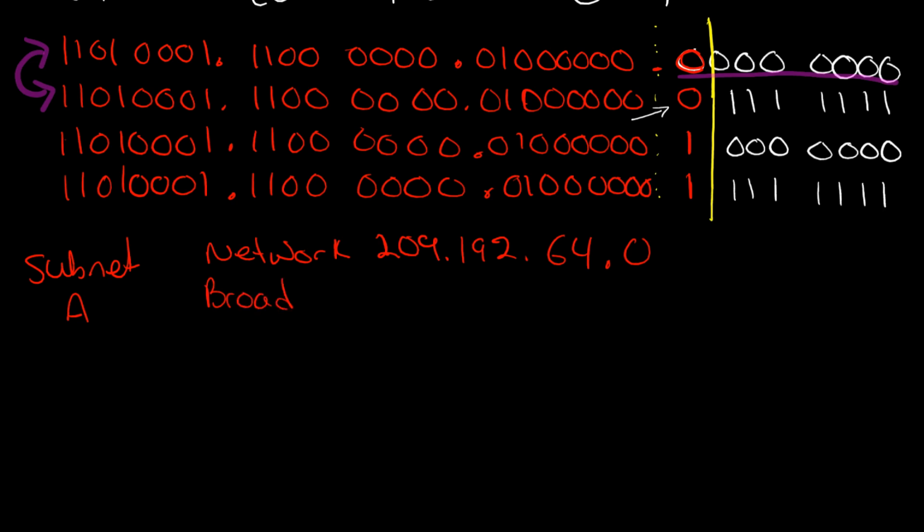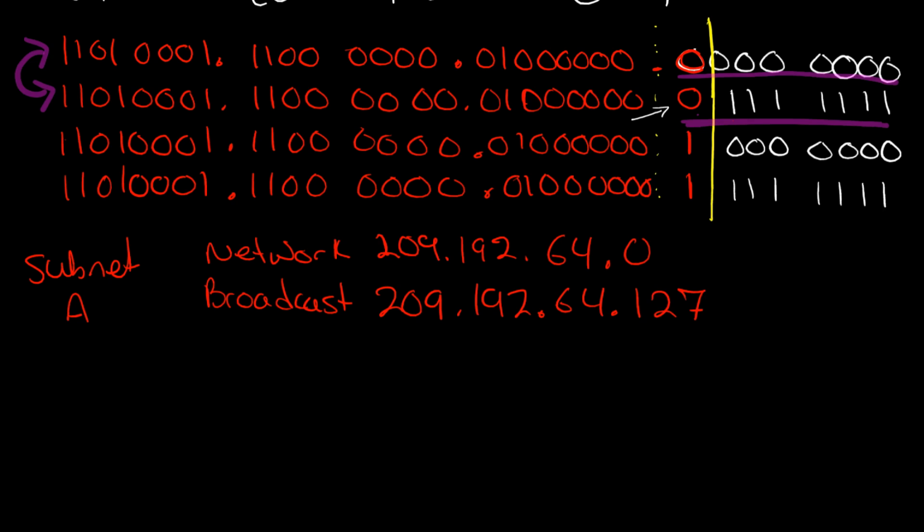The broadcast address is going to be 209.192.64. And this time we're looking at this address where all the host bits are 1. So in this case, we're looking at 1, 2, 3, 4, 5, 6, 7 ones, which is going to give us a broadcast address of 127. Okay, so that's our subnet A.